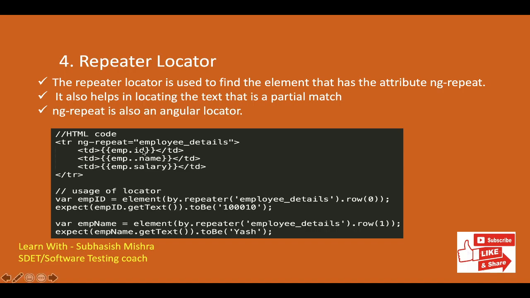Here we want to fetch the ID, that is why we are giving row(0). If you want to fetch the name, then you have to use .row(1). If you want to fetch salary, then you have to do row(2). That is how you can use repeater locator.